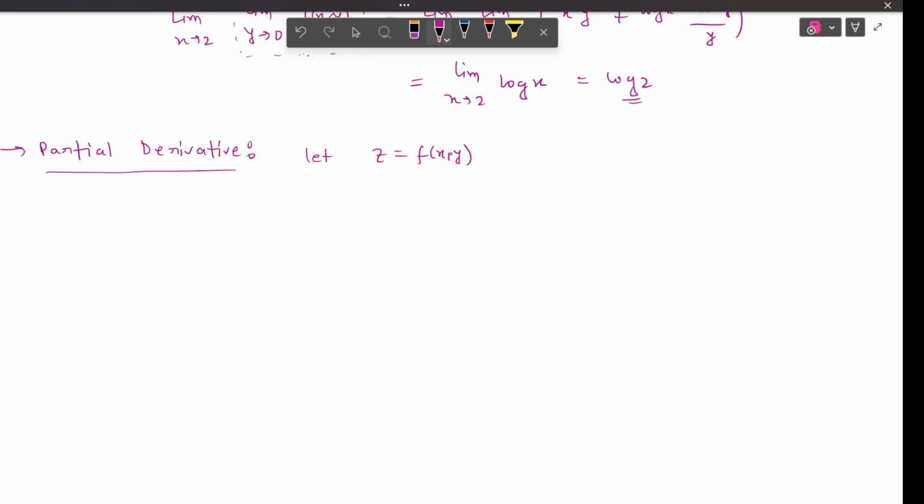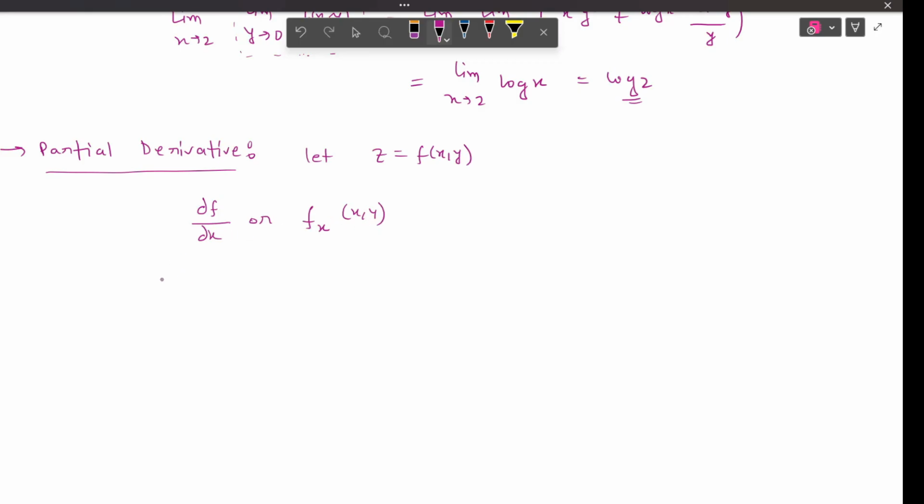The derivative of f of x y with respect to x, keeping y constant, is called partial derivative of f of x y with respect to x, and it is denoted by delta f. This is not d, this is delta. Delta f by delta x, or we can represent this as f subscript x of x comma y. That means this symbol represents that we are differentiating the function with respect to x, keeping y constant.